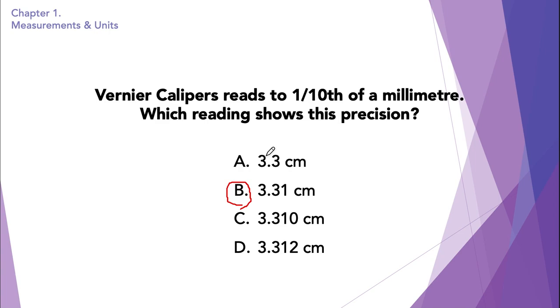So 33 millimeters is a measurement which is correct up to 1 millimeter. The second reading is correct up to 0.1 of a millimeter, that is, correct to 1/10 of a millimeter. The third and fourth readings are correct up to 1/100th of a millimeter, which is 0.01 of a millimeter, so these are also not correct. Another way to understand this is that when we use a micrometer screw gauge to measure an object's length, the fractional scale always shows us the measurement in centimeters.